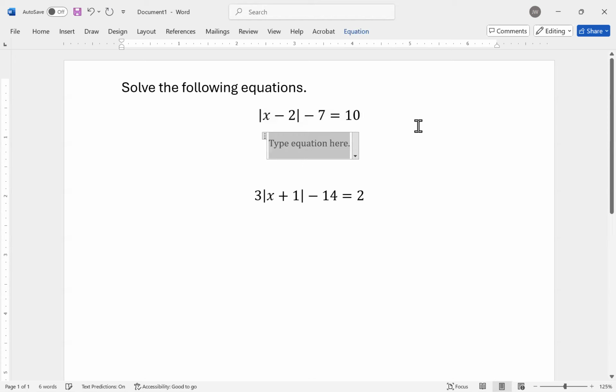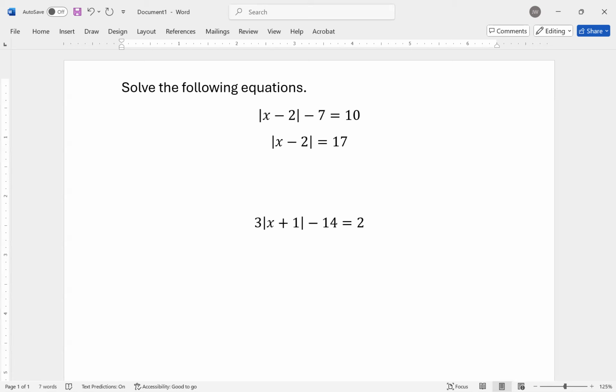In order to do that, we would add 7 to both sides. When I add 7 to both sides, I get that the absolute value of x minus 2 is equal to 17. Now, to make this equation true, the thing inside here could be positive 17, or the thing inside here could be equal to negative 17. So that's how I set up my two equations.